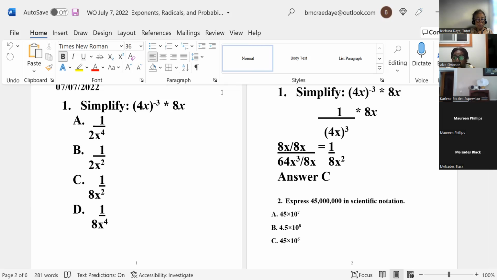But remember now, this kind of exponent problem is testing your knowledge of the rules. Because remember, I gave you a sheet of exponent properties with product and quotient. Quotient is division.